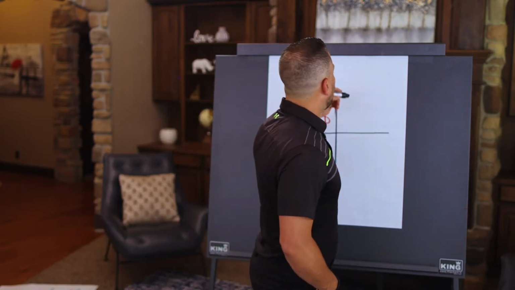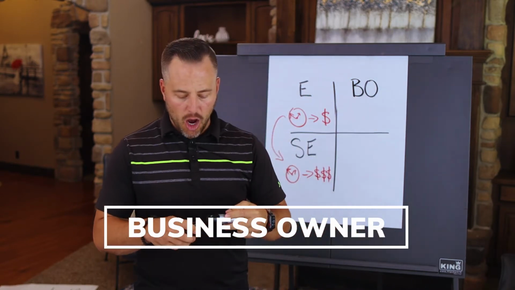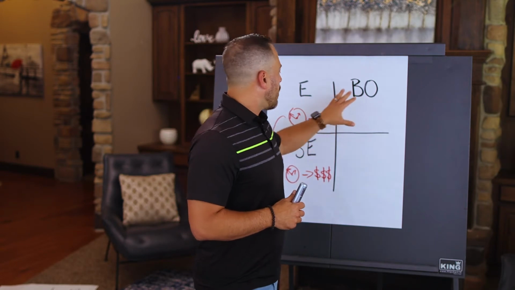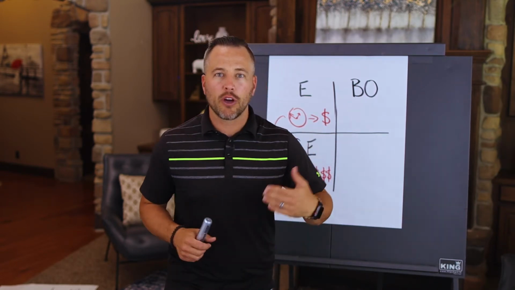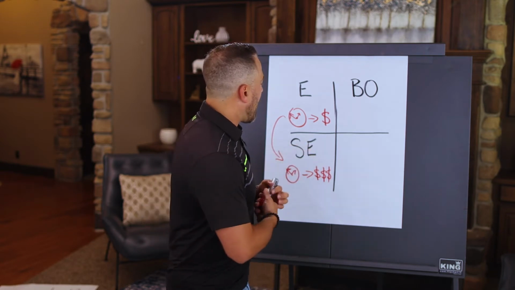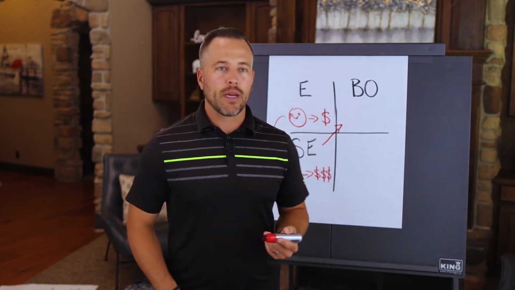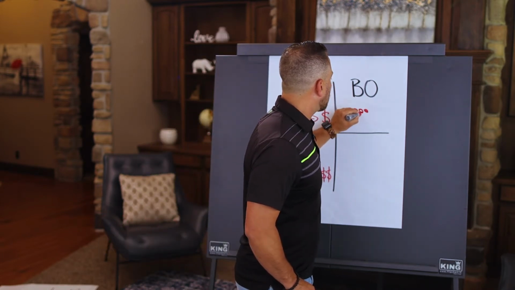The third quadrant is the business owner, okay? B-O, business owner. You now not just have this wholesaling business in place where you're self-employed and wearing all the hats down here. Now when you cross over to this quadrant, you're putting a team in place. These are a bunch of heads, right?